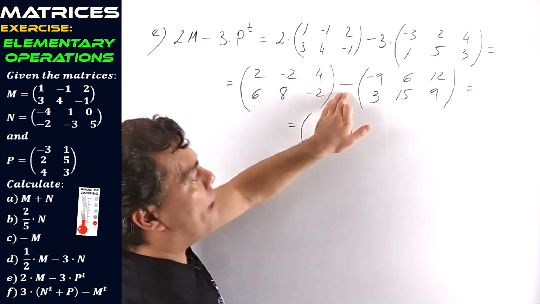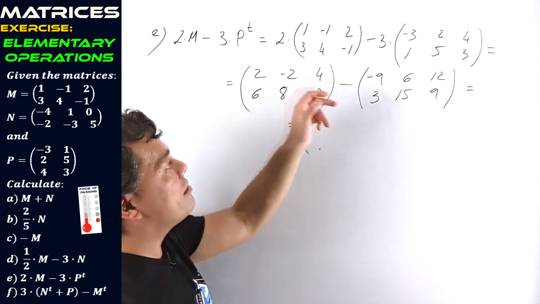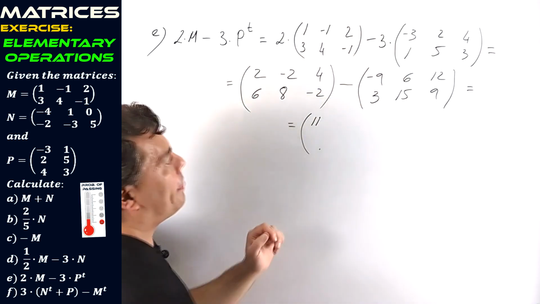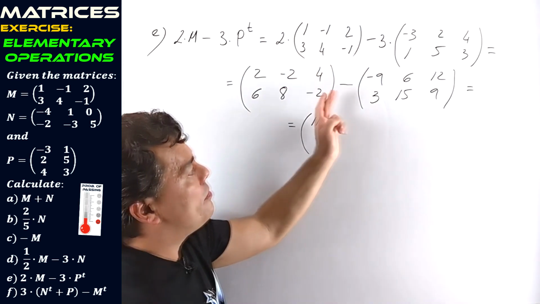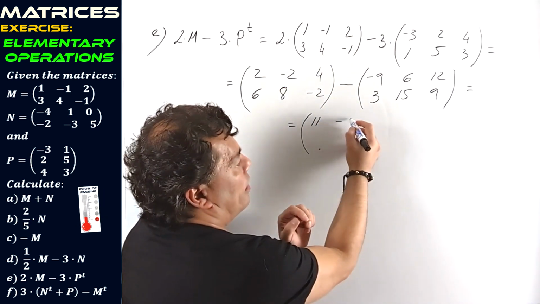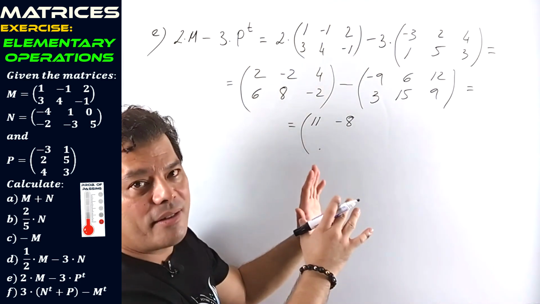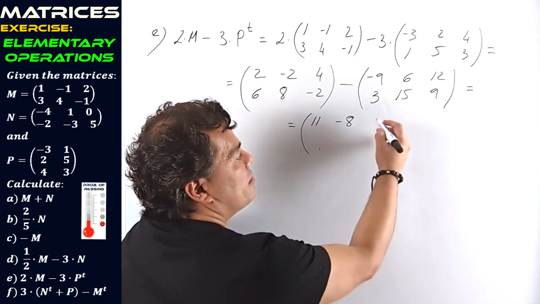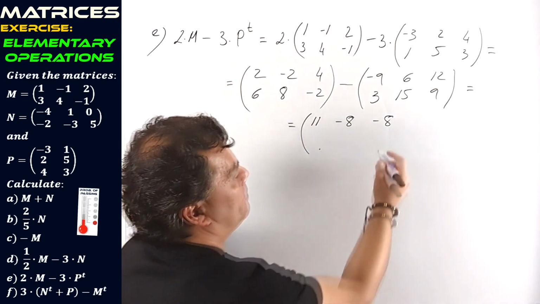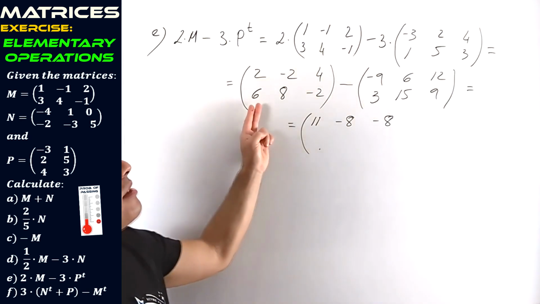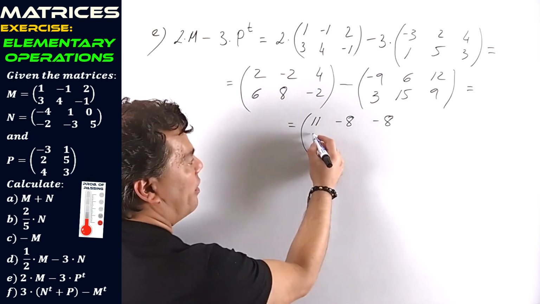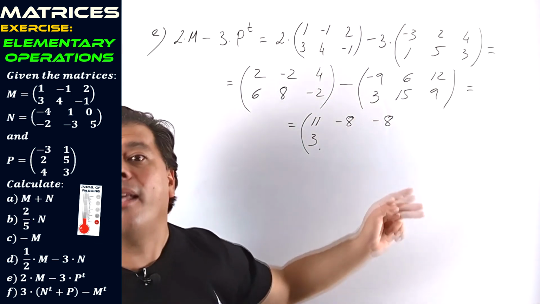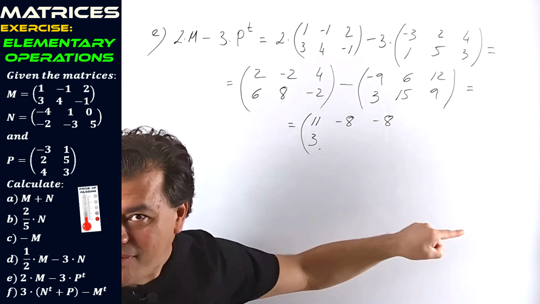2 minus negative 9 is 2 plus 9, 11. Negative 2 minus 6, negative 8. Be careful with the signs. 4 minus 12 is negative 8. 6 minus 3 is 3. 8 minus 15 is negative 7.